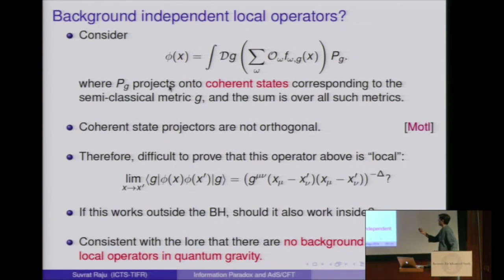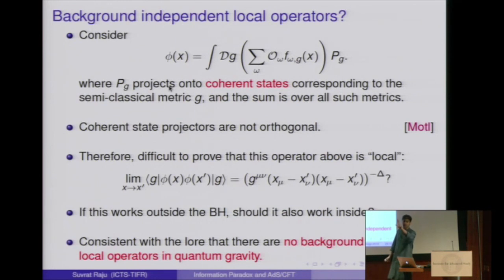However, the point is, as many people pointed out, including Luboš Motl in a very nice blog post, that these coherent state projectors are not orthogonal. And because you have so many semi-classical solutions, it's pretty hard to prove that this kind of operator behaves the way you want: that when you insert it in a state which has a good semi-classical interpretation, it has the properties that you'd expect of a local operator.